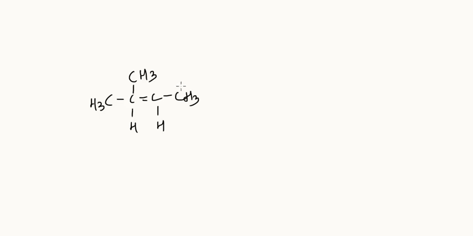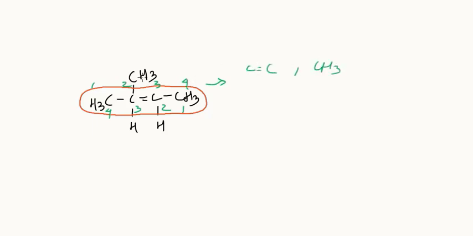In this molecule, we will first select the longest chain. So that would be this. After that, we would be writing the numbering of the chain. So it could be 1. Now I would just write here for double bonds and for the methyl group. If you take this numbering system, the double bond is between 2 and 3, so the number which would come to the double bond is 2.